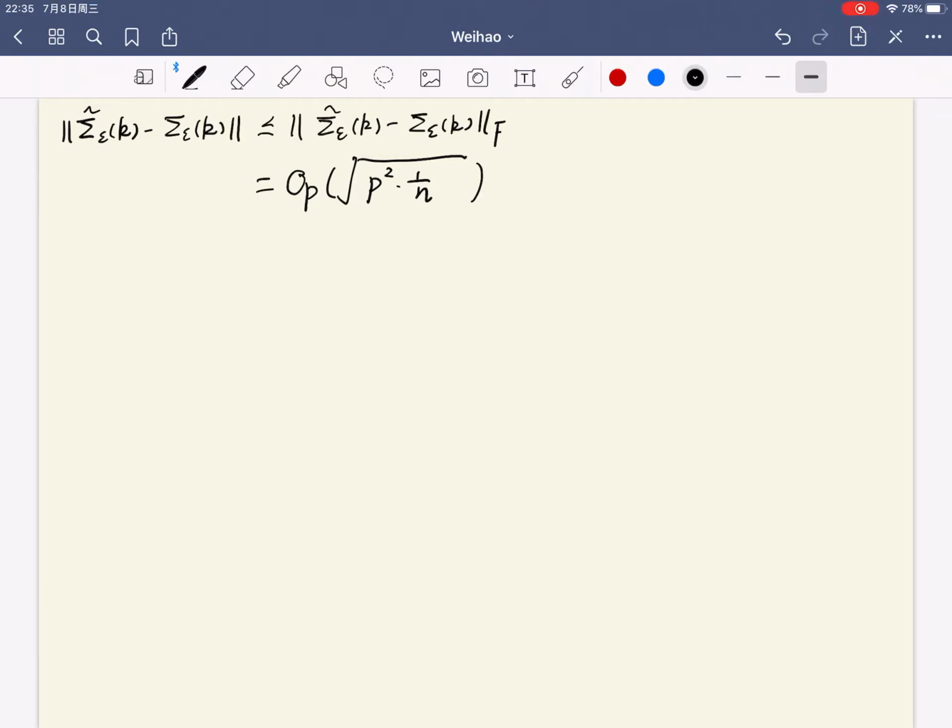Then a similar argument gives us the rate p over square root n.